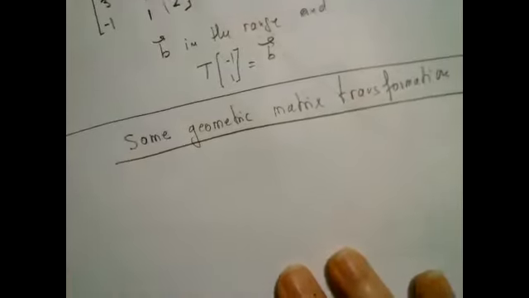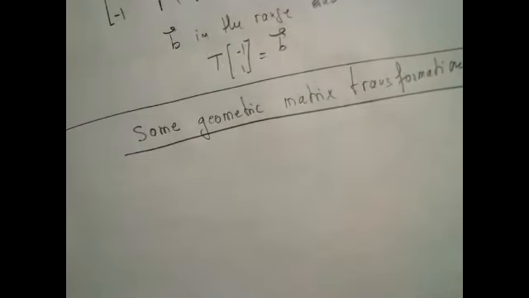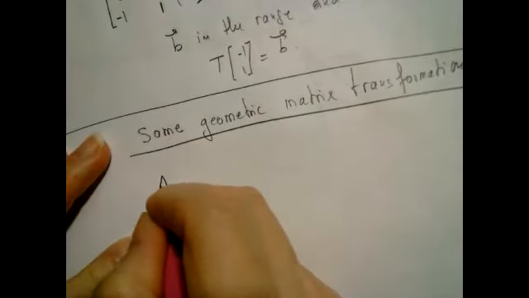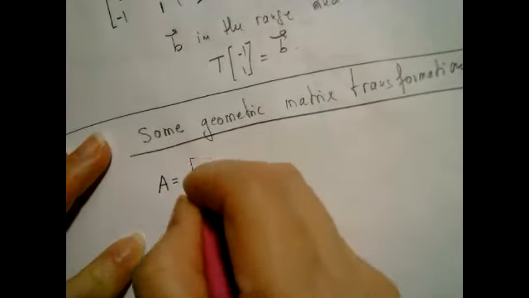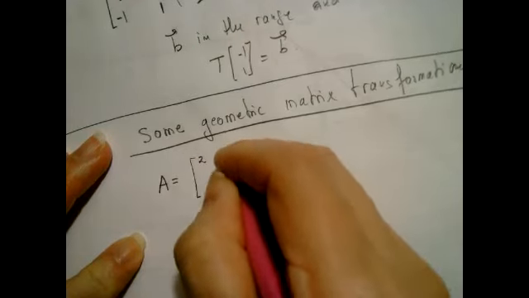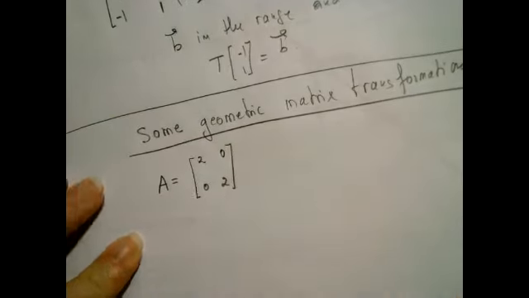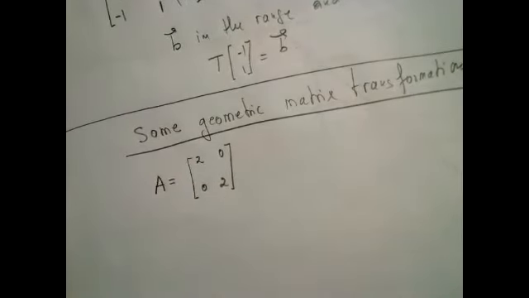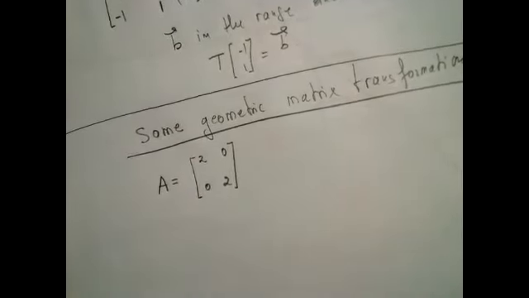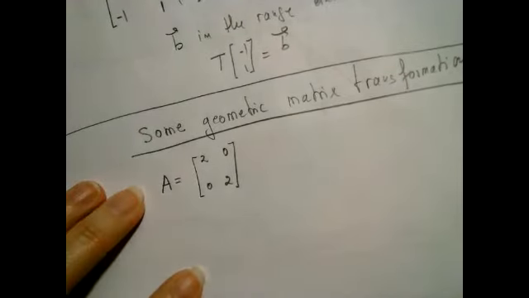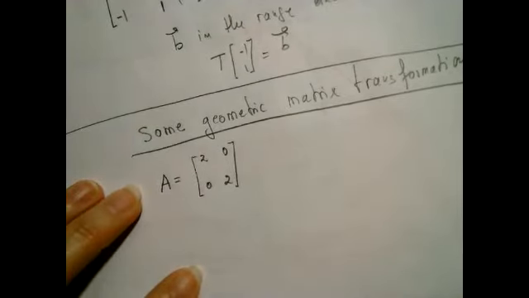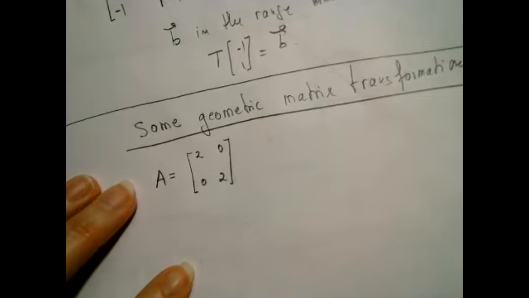Okay, some geometric one. So I'm going to take the following matrix. Let A be the matrix [2, 0; 0, 2]. My goal is to understand, when this matrix acts on a vector, what does this matrix actually do to a vector?